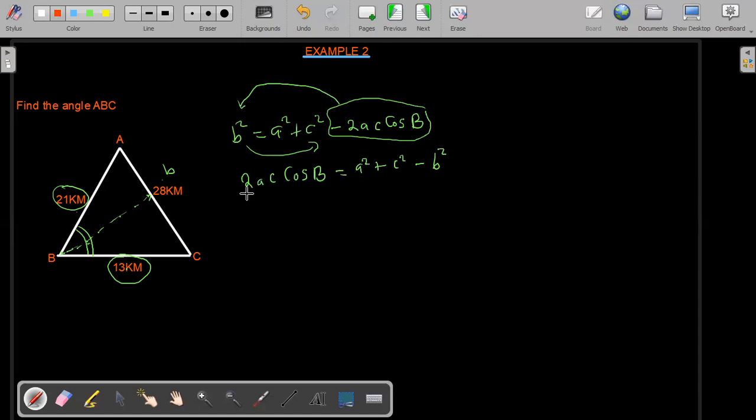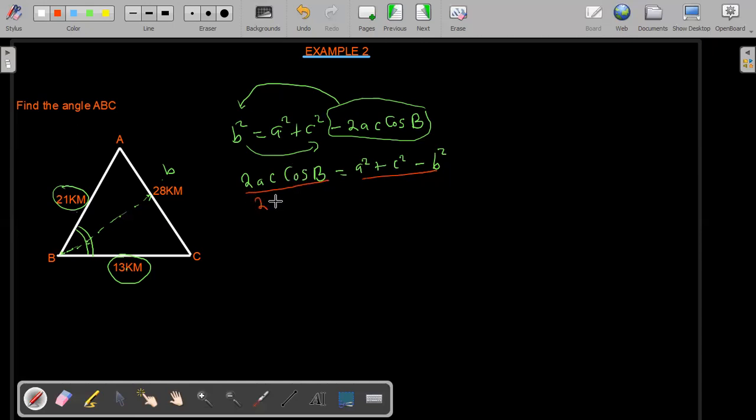Yes. So now we can say divide by... We want to write it in such a way that we just remain with cos B. Since we are finding the angle, we should write it in such a way that we just remain with cos B there.